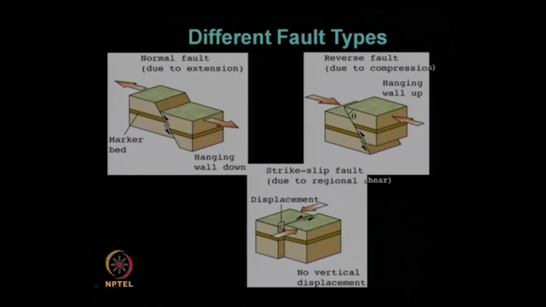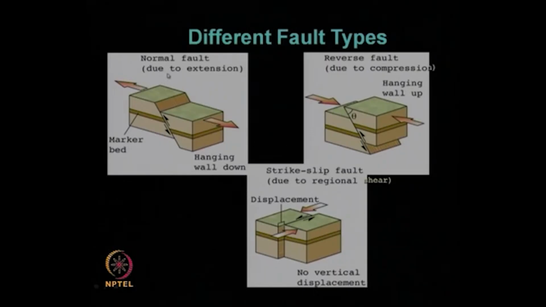So, in this case, the displacement between the two blocks occurs, there is hardly any vertical displacement. So, no vertical displacement, and this type of case we have seen in the case of transform type plate boundary movement. So, these three different types of faults can get created during three different types of plate boundary movement.